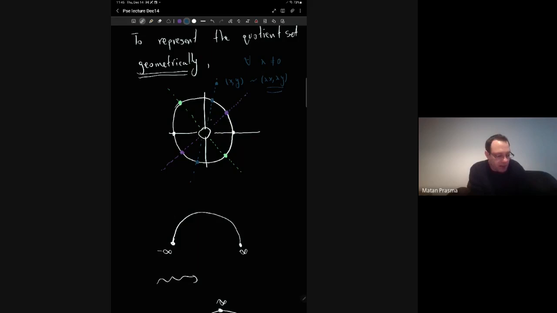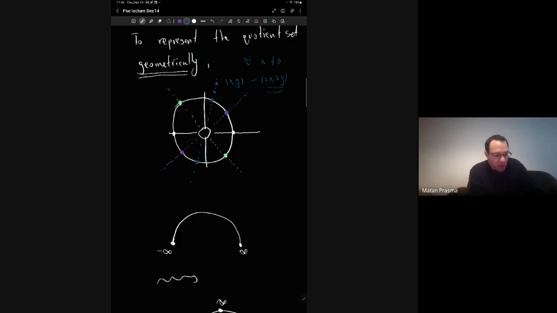You take the line with a slope lambda that passes through the origin. I mean, this blue line. Lambda x, lambda y is some point sitting on this line. Okay, and all the blue points are in one equivalence class, right? Correct. And the same goes for the green and the purple.